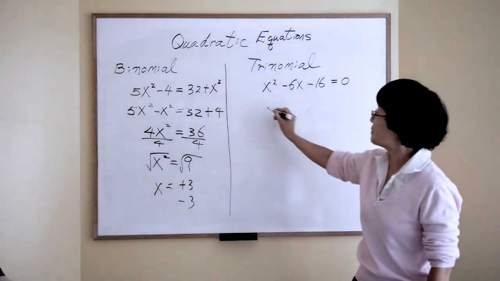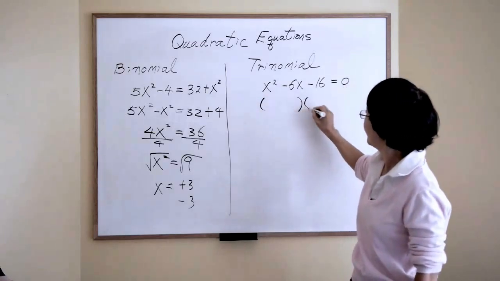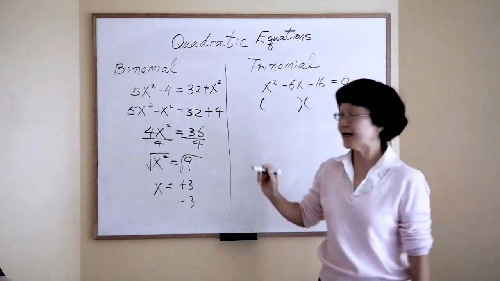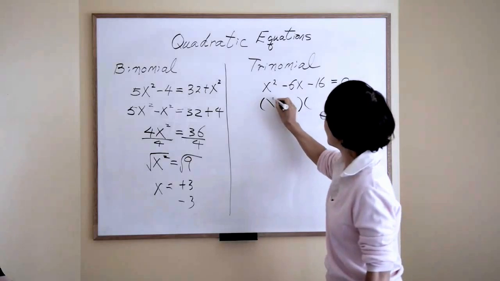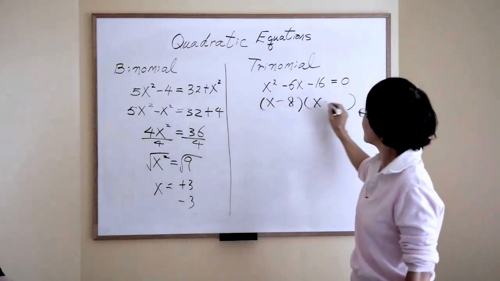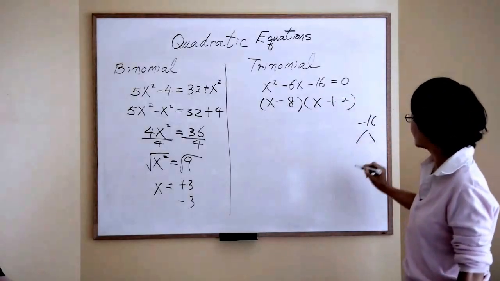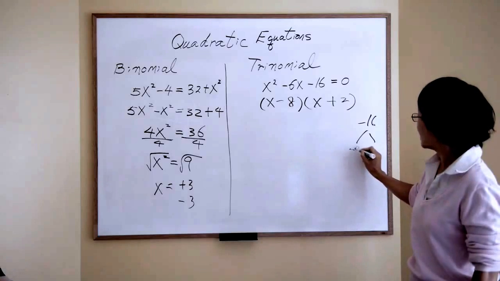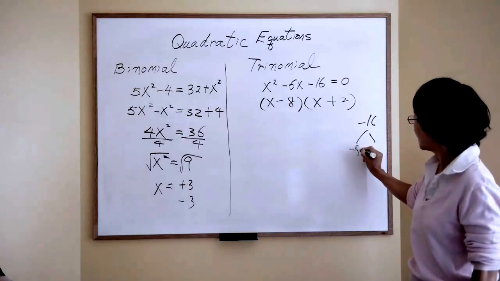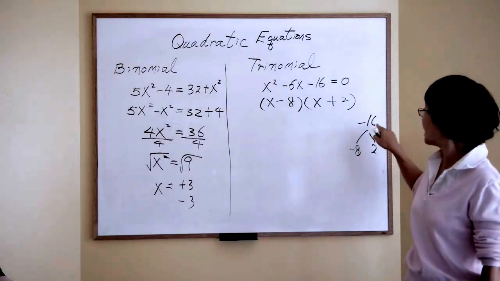And for trinomials, remember we learned it before, we just factor them. Okay, I'll just go through it quickly. The factors for that one are x minus 8 and x plus 2, if you remember, because for minus 16, you factor it into minus 8 and 2. When you multiply them together, you get minus 16.